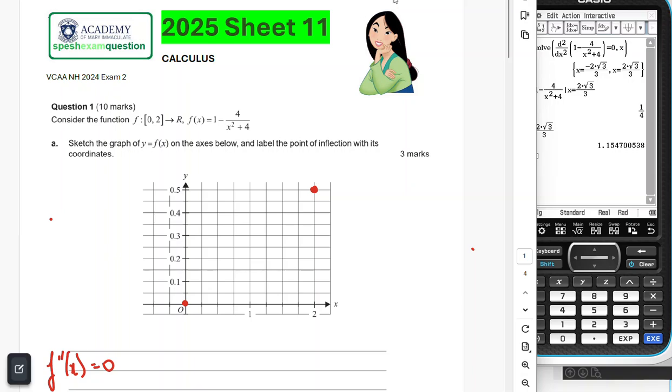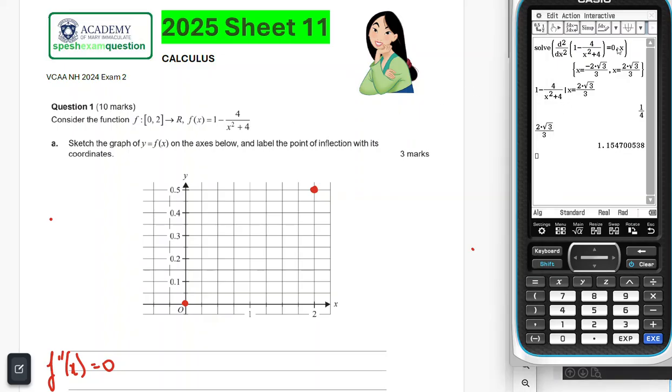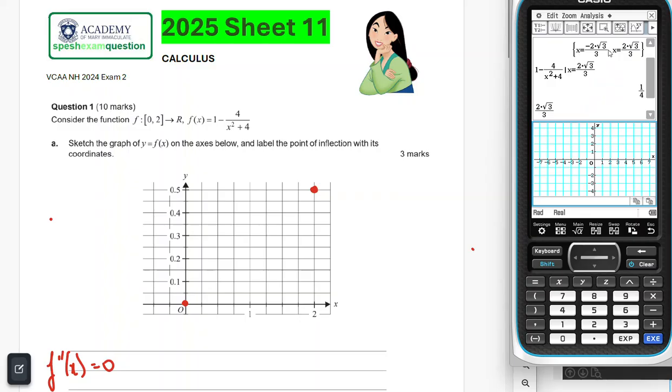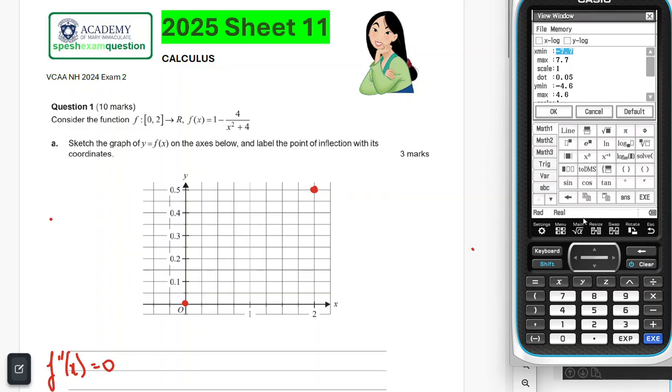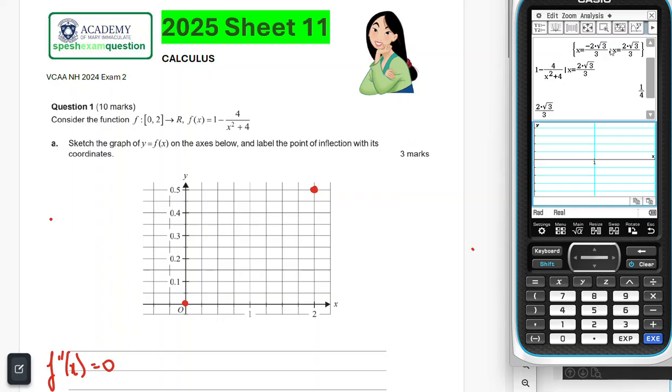So this is from sheet 11, question number 1, and we have this graph. I've got to draw it. If I open up my window and make it go from 0 to 2, and I pick up my graph and zoom auto, I can see that it's coming from a stationary point and going up to there.